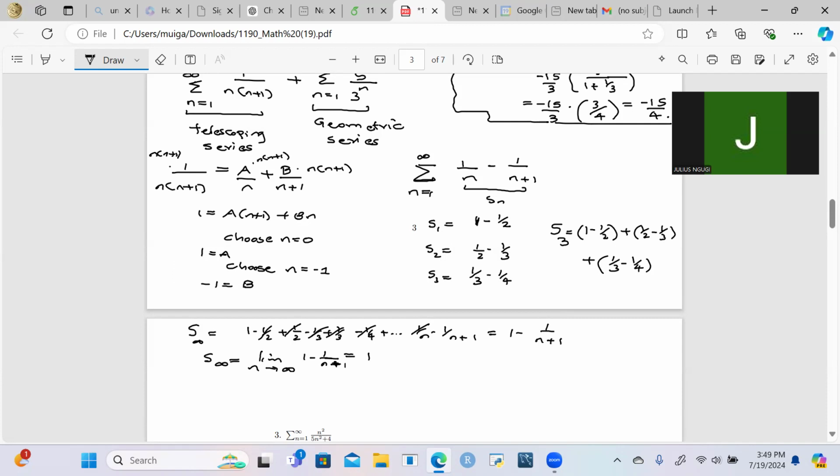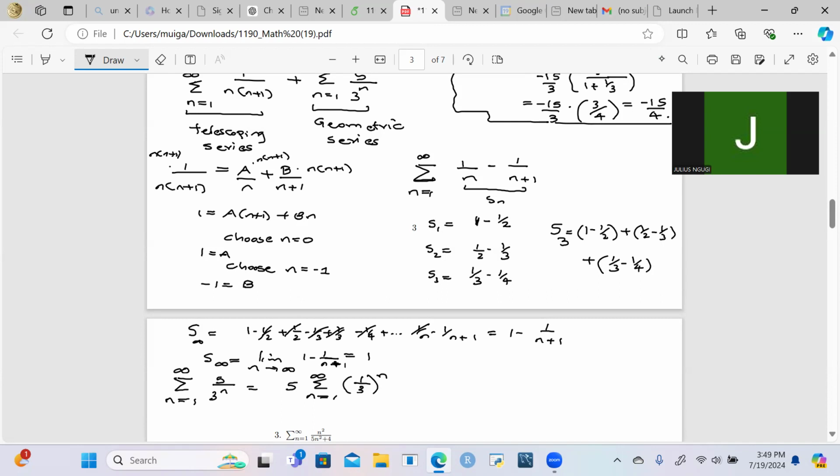For the geometric part, we have the summation as n starts from 1 to infinity of 5 divided by 3 to the power of n. So we can factor out 5, and we have the sum as n starts from 1 to infinity of 1 over 3 to the power of n.